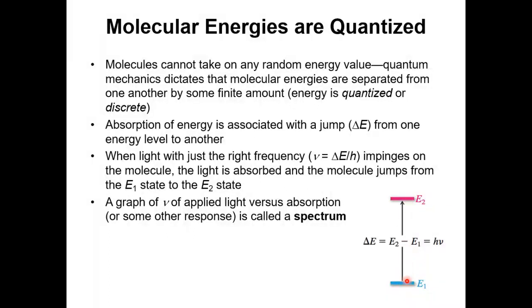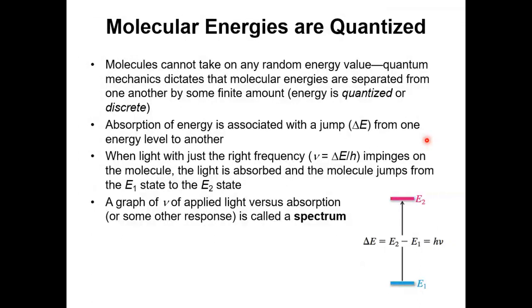E2 is a higher energy than E1. So the energy cannot be randomly generated from nothing. Energy must be provided to this molecule. What energy needs to be provided must equal the energy difference, E2 minus E1.